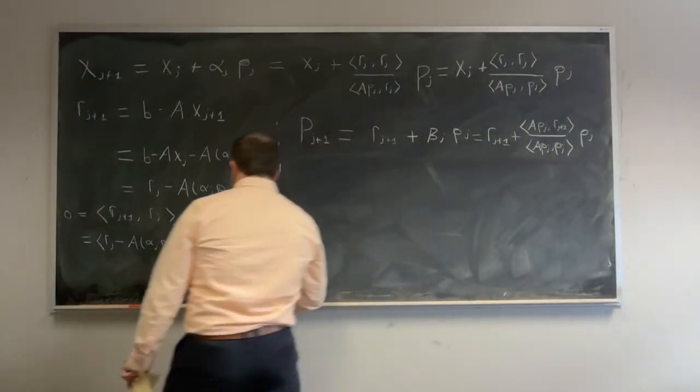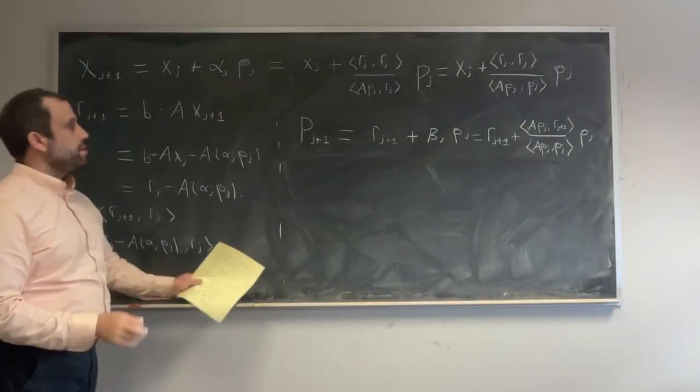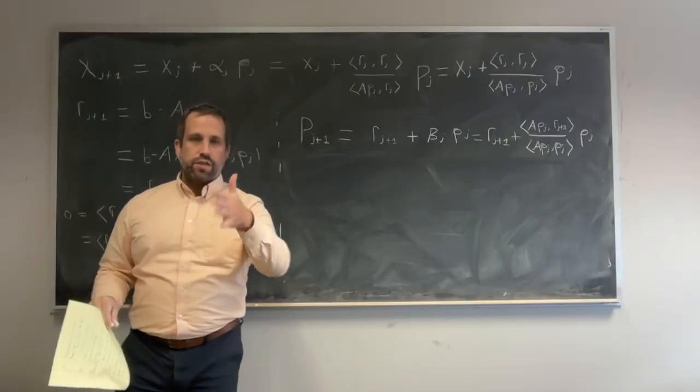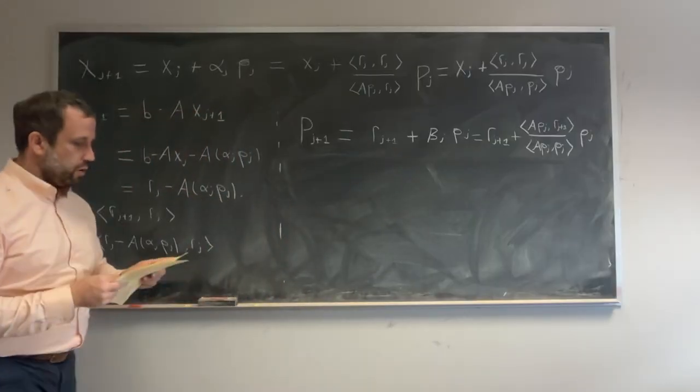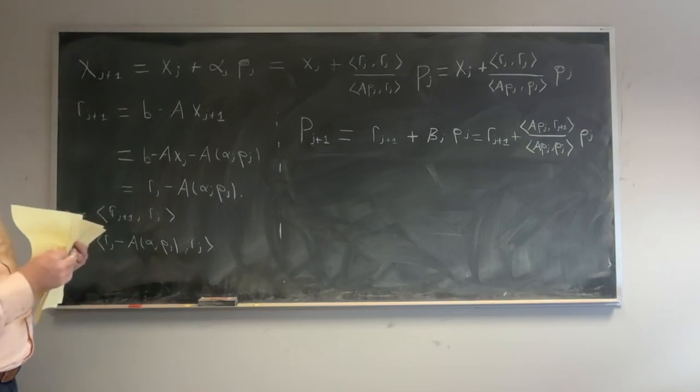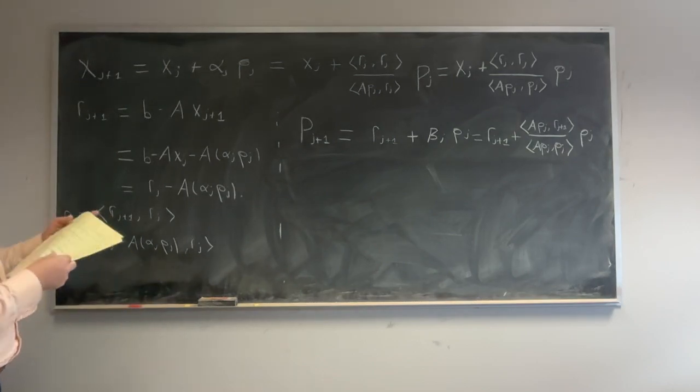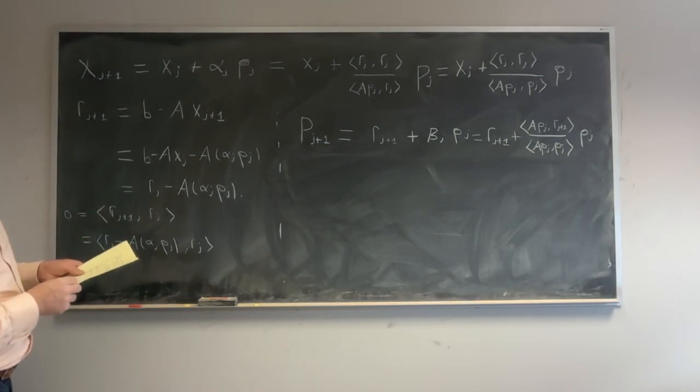Okay, so the idea here is that we need an iterative algorithm, and basically the stuff in step j+1 needs to be defined in terms of the previous stuff. And that's exactly what we're working towards here.